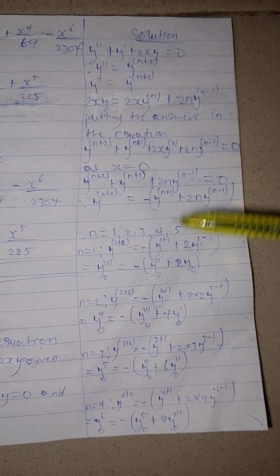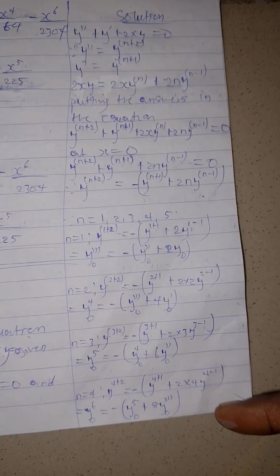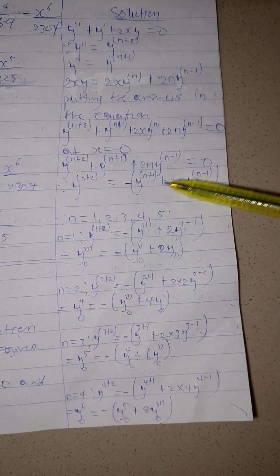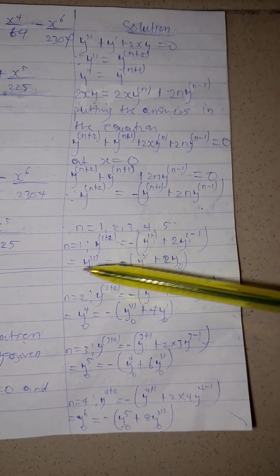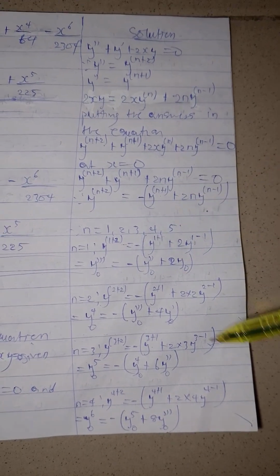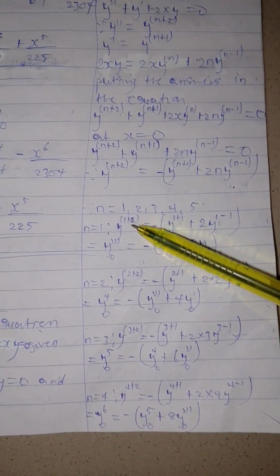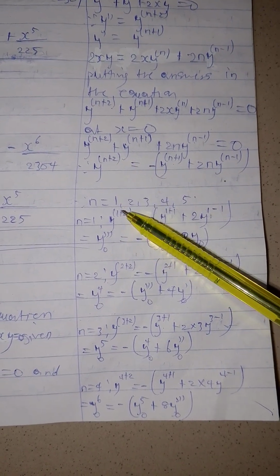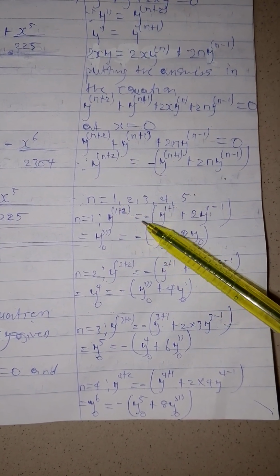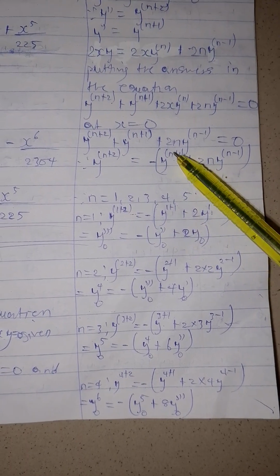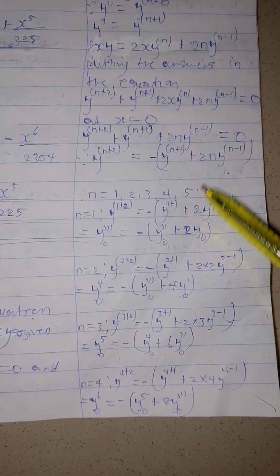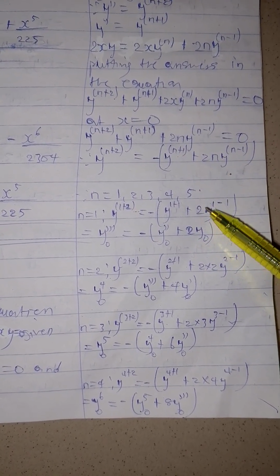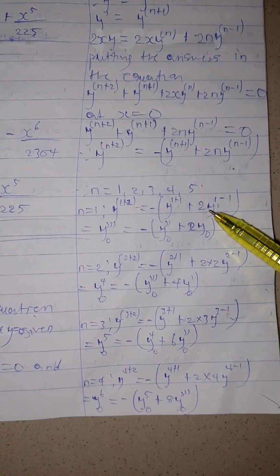You understand? So as usual, whenever you're solving power series and there's power of y raised to n minus 1, equate n to be 1, 2, 3, 4, 5. Okay, so let's start. Where n is 1, put it here. That becomes y raised to 1 plus 2 is equal to minus bracket y raised to 1 plus 1 plus n is 1, that is 2 times 1, same thing as 2y, then n is 1 minus 1.